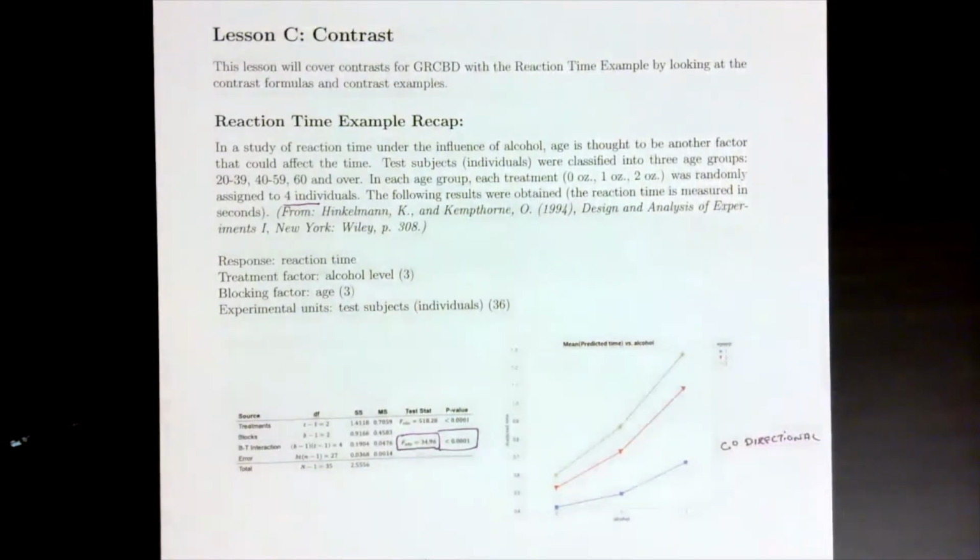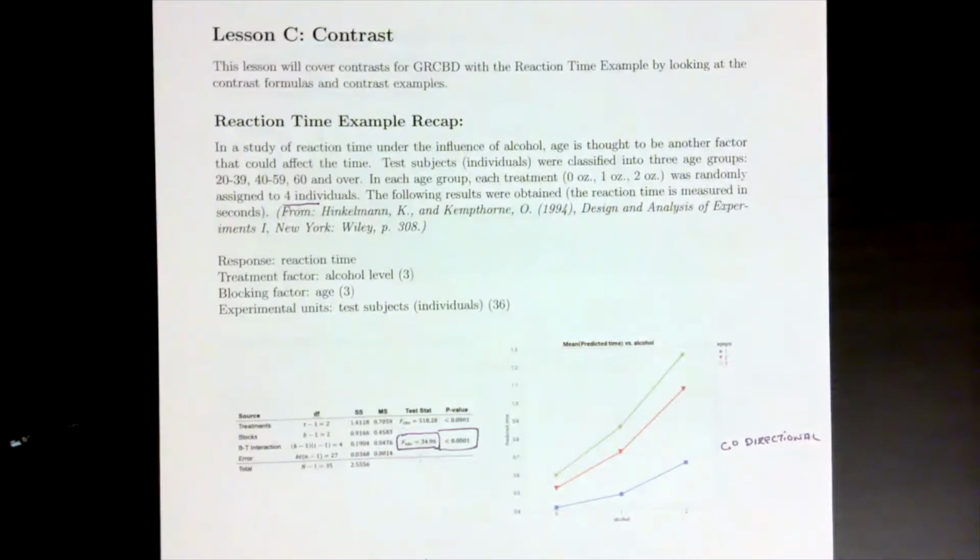And so this allows us to go look at the tests for treatments, and we saw that our test for treatments was significant based on this large F and p-value.